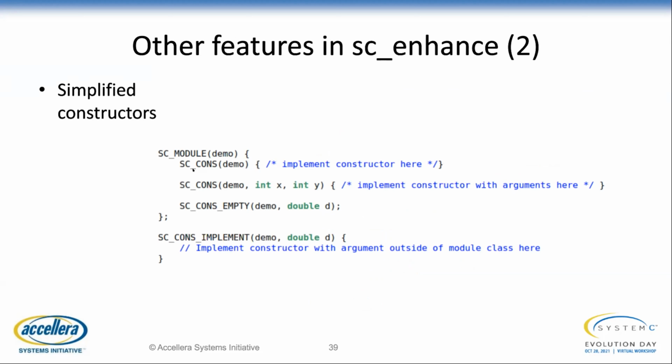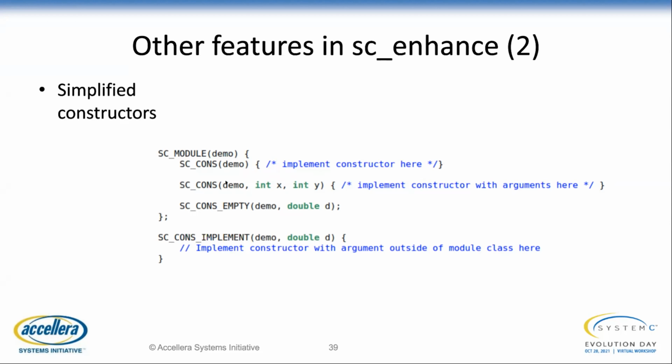And you might also want to have constructors that take arguments, and you can use the same scconst macro, which is a variadic macro. It can take a variable number of arguments and forward them to the constructor.